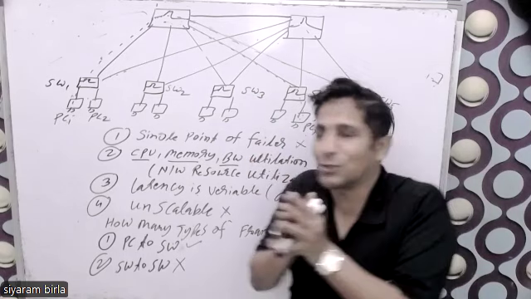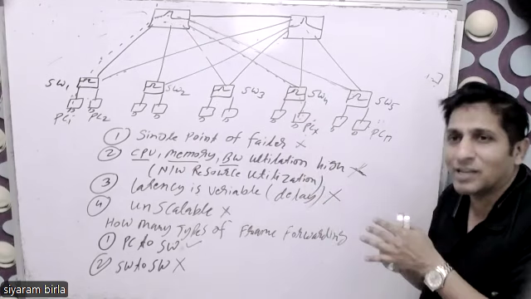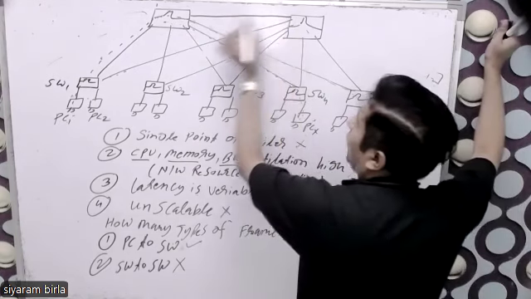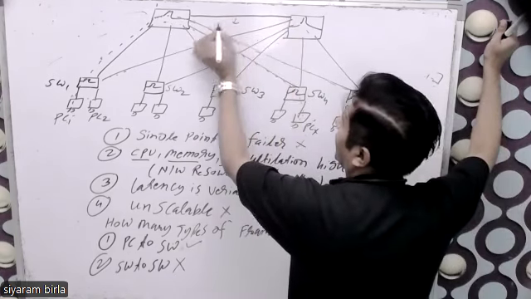These two switches are converted into a single switch, and this cable is called the stack cable. Two switches connected with a stack cable, and this process is called stacking. In real time, the stacking process is used a lot.